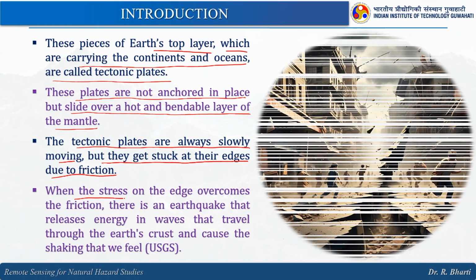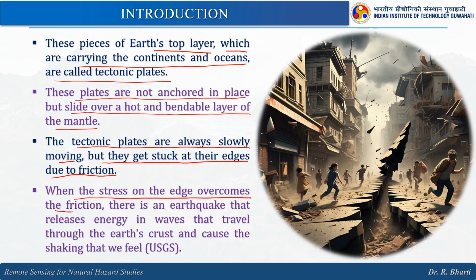So when the stress on the edge overcomes the friction, there is an earthquake that releases earth energy in waves that travel through the earth's crust and cause the shaking that we feel, and we call it an earthquake, right? So basically this is the temporary sticking of these plates with each other, and during that time stresses will be generated, and once they again slip, those energies will be released, and that is seismic waves, right?